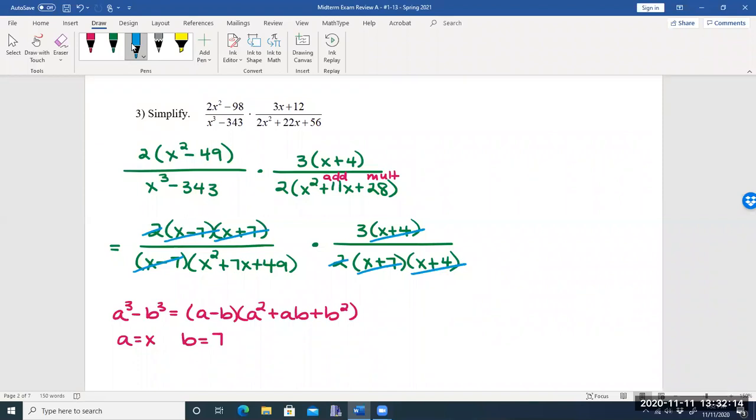So don't forget to reduce your numbers too. I believe that's it. I think I got rid of all the common factors. So the only thing left in the numerator is a 3, and in the denominator, we've got that trinomial x squared plus 7x plus 49.